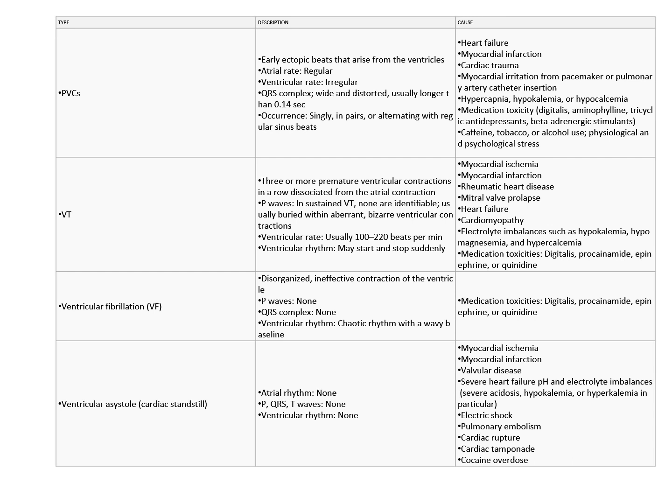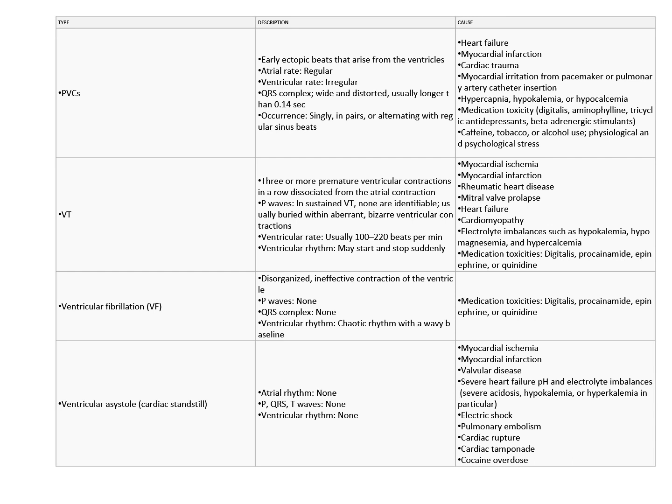That's that irregular beat that you see, the early beat. It can occur singly, in pairs, or alternating, and we call that bigeminy. It can alternate with regular sinus beats, and these are the conditions that you can see it in. I'm not going to go through all those.